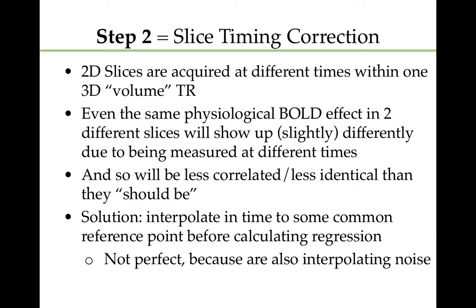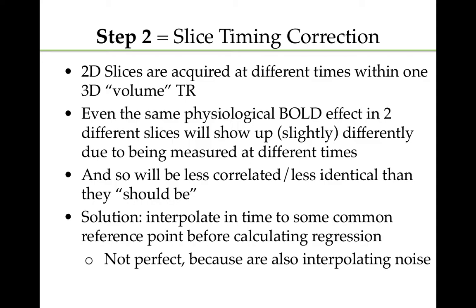But the result is that 2 slices, which might only be a couple millimeters apart, may be acquired half a second or a second apart. And so the same physiological effect will show up slightly differently, due to being measured at slightly different times. And so they'll be slightly less correlated, or slightly less identical than they should be in the data that we wish we had.